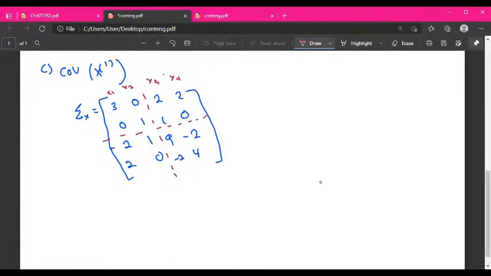So this part yang kita kata tadi adalah big sigma of 1, 1. Di sini big sigma of 1, 2. Di sini big sigma of 2, 1. Di sini big sigma of 2, 2. Okay.